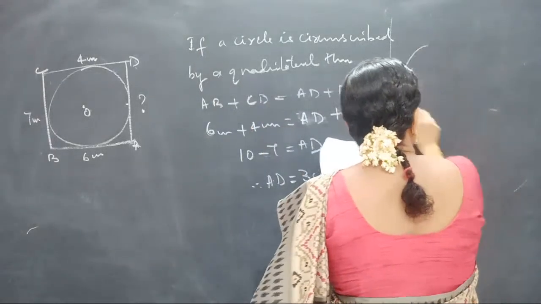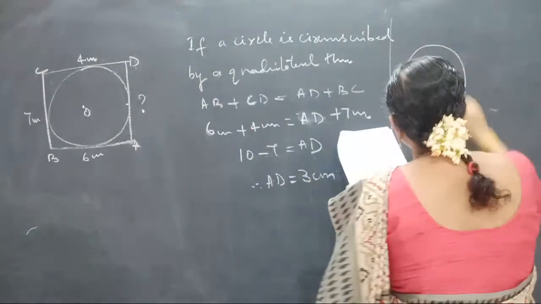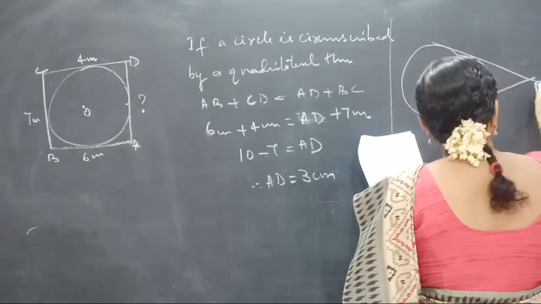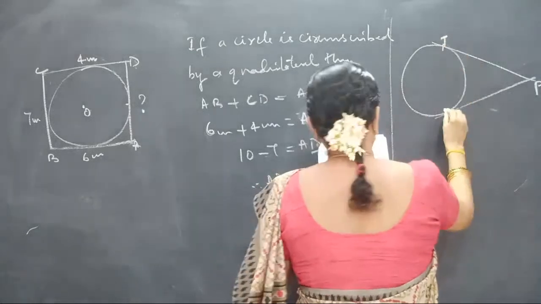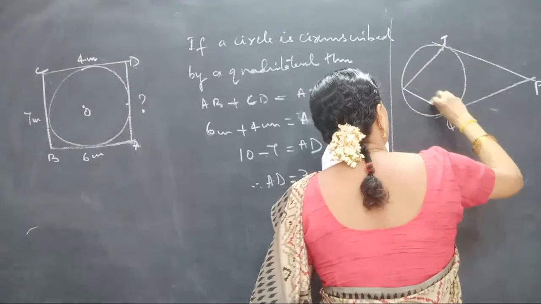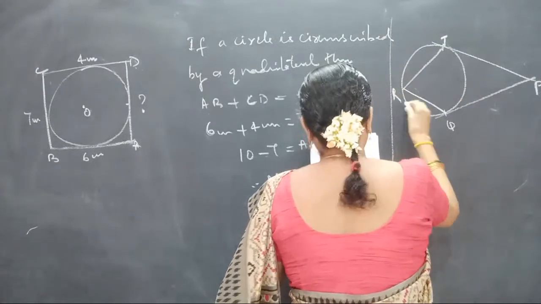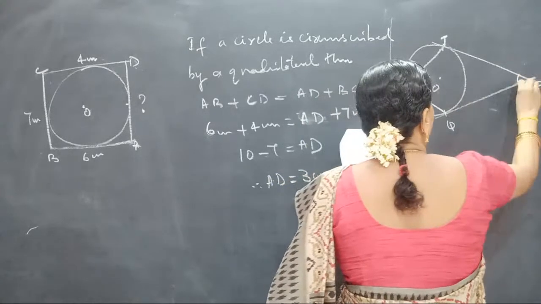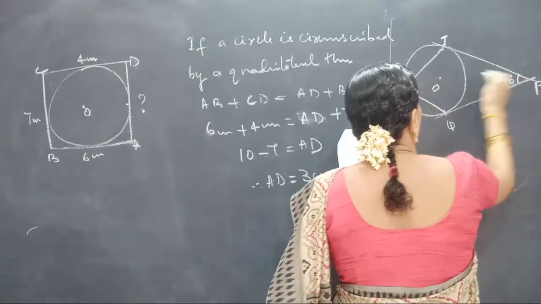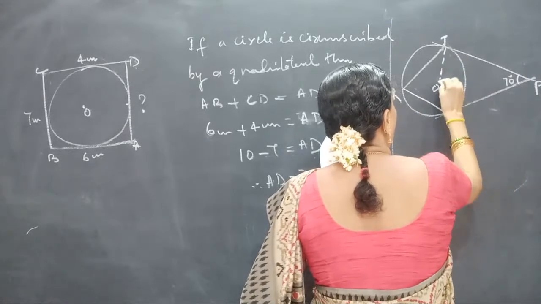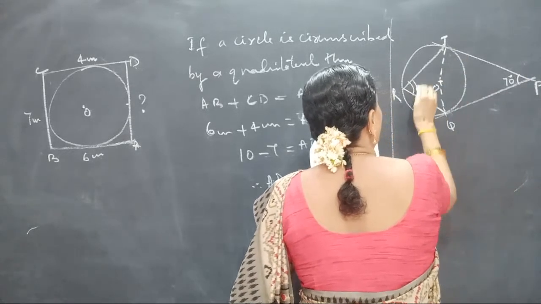Get the figure. They are the pair of tangents PT and PQ. R is a point on the circumference of a circle with center O, angle is 70 degree. Join this. Now I think it is clear how to get the measure of this.